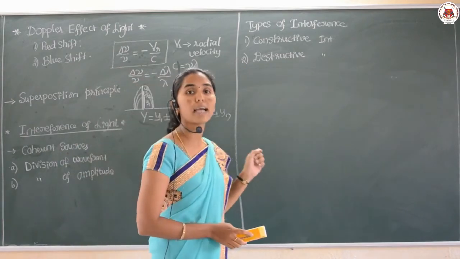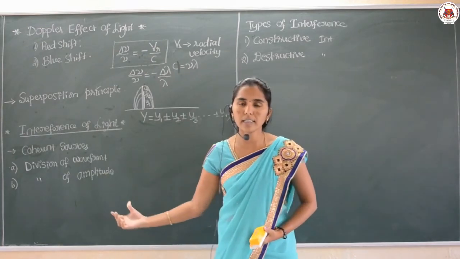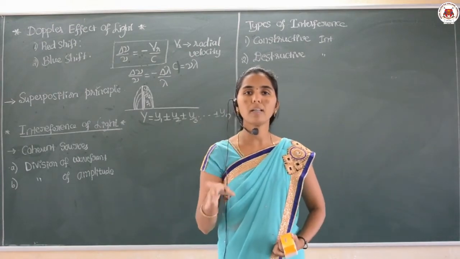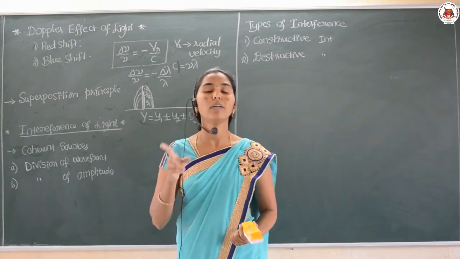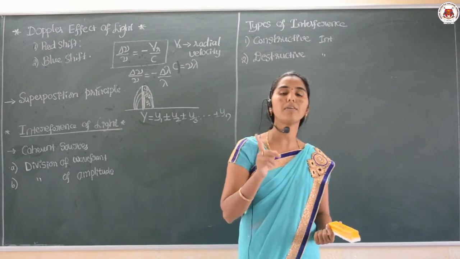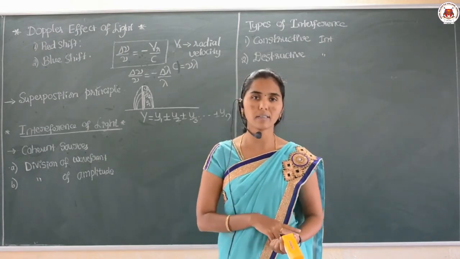What are the types of interference? See dear students, you studied that interference means what? It is the phenomenon of modification in the intensity of the light when two or more light waves of the same wavelength and frequency superimpose in the same direction.